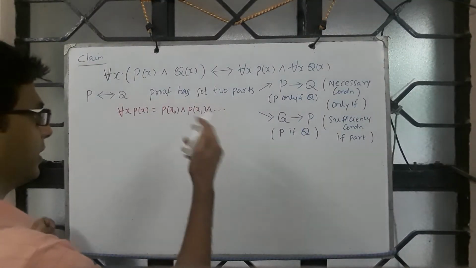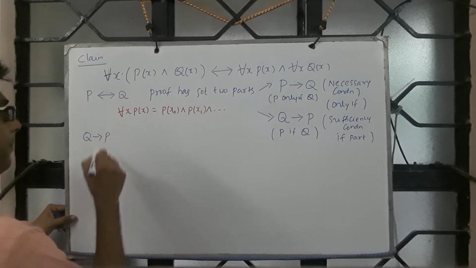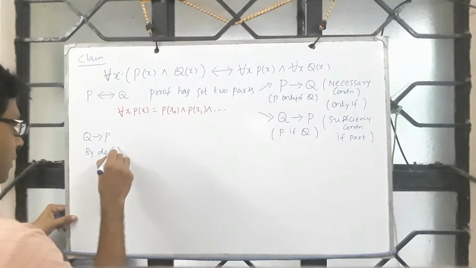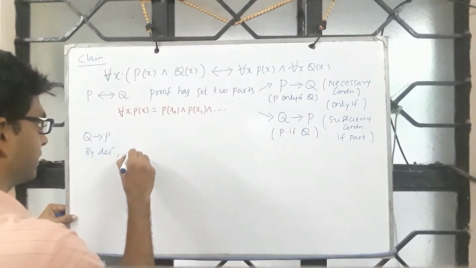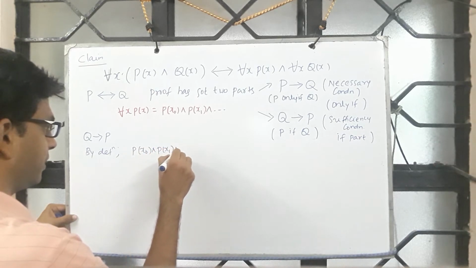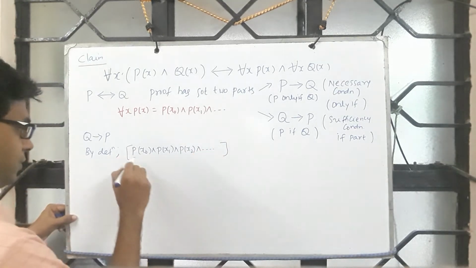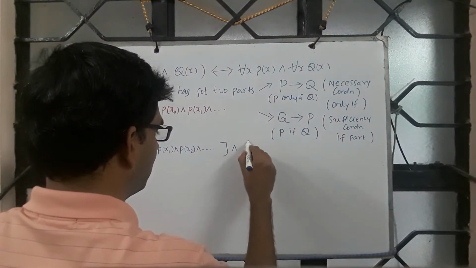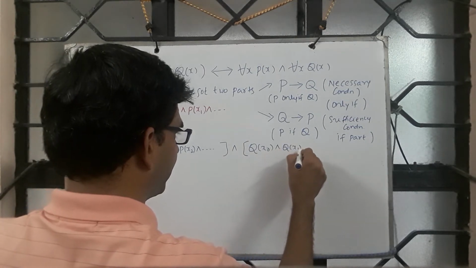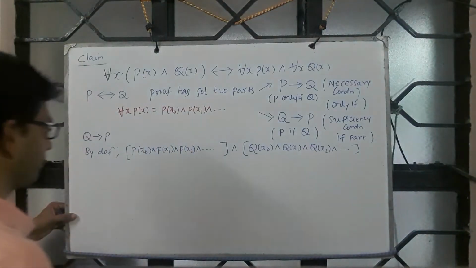Let us prove the other direction, which is q implies p. So again, by definition, for all x, p of x is p of x naught and p of x1 and p of x2, so on, and by definition you get q of x naught, q of x1 and q of x2 and so on.